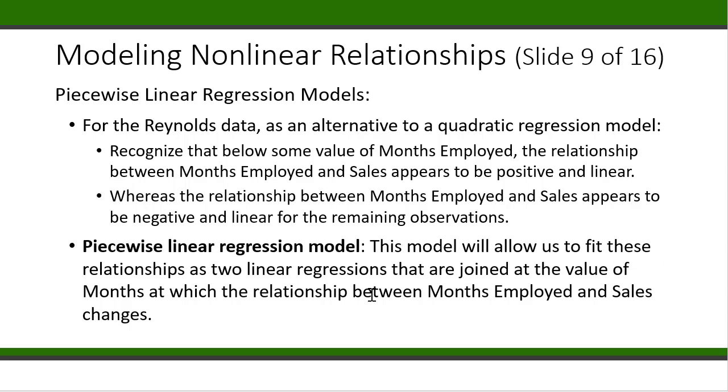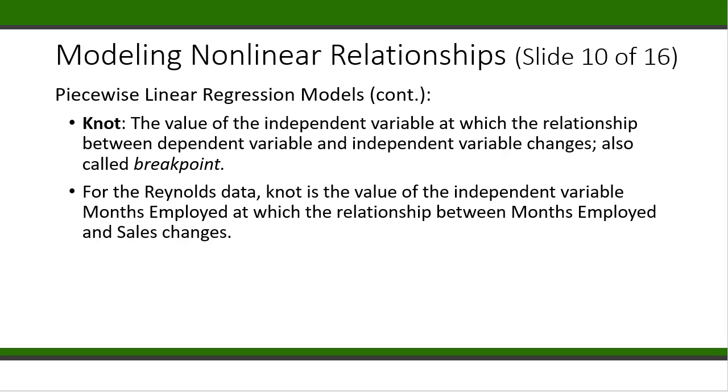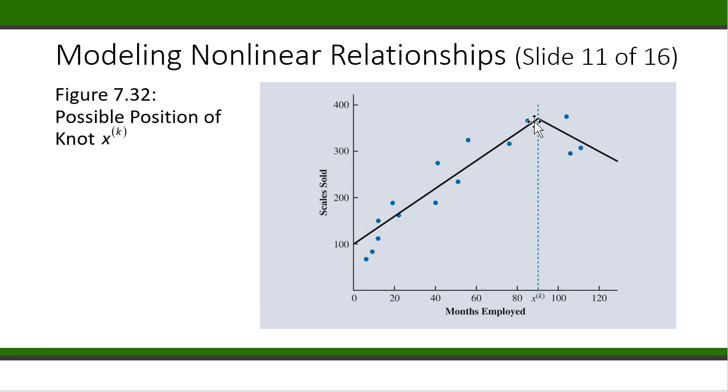So that allows us to fit those relationships as two linear regressions that are joined by the value of months, right? And that's the relationship between months employed and sales changes. That place where they are joined is called the knot, right? And so that knot is the value of the independent variable in which a relationship between the dependent variable and independent variable changes.